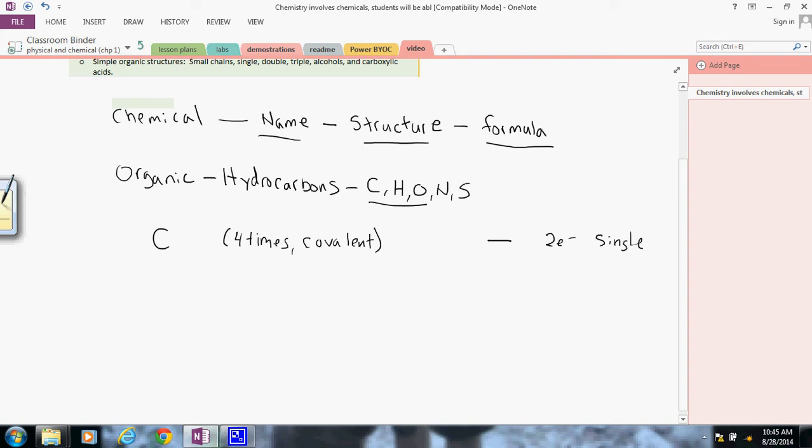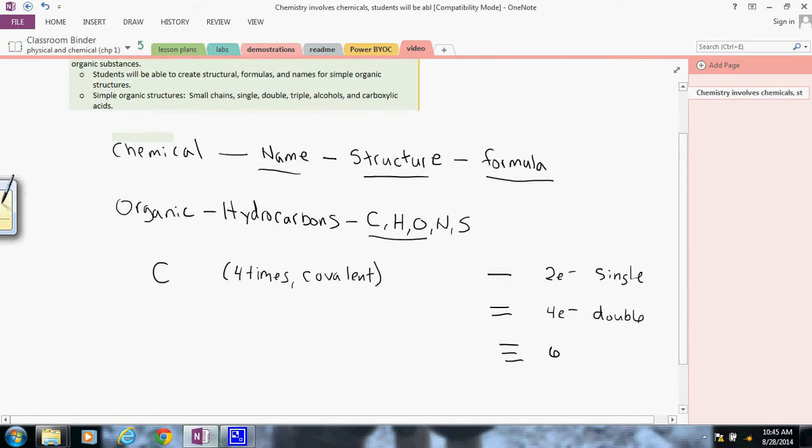We'll get more into this as we get into bonding, but a double bond would involve 4 electrons, and therefore we call it a double bond. And a triple bond would involve 6 electrons, and therefore would be called a triple bond.